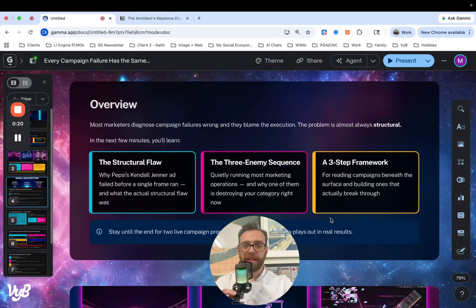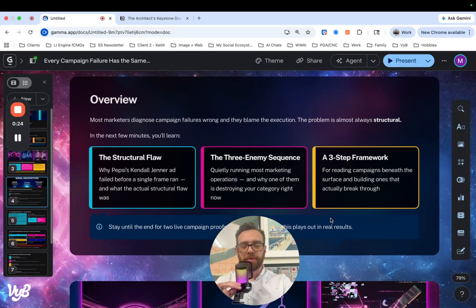Let's dive in. So first off, marketers tend to diagnose campaign failures in the wrong way, and they tend to blame the execution. And this is very simple. It's sort of similar to Rory Sutherland's alchemy, when he points out this psychologic is contrasted against rationalism.